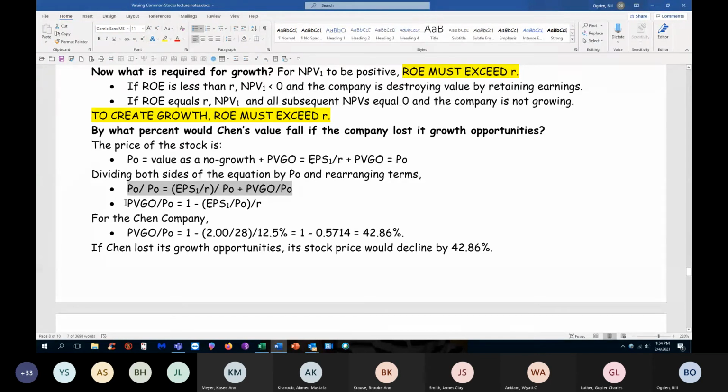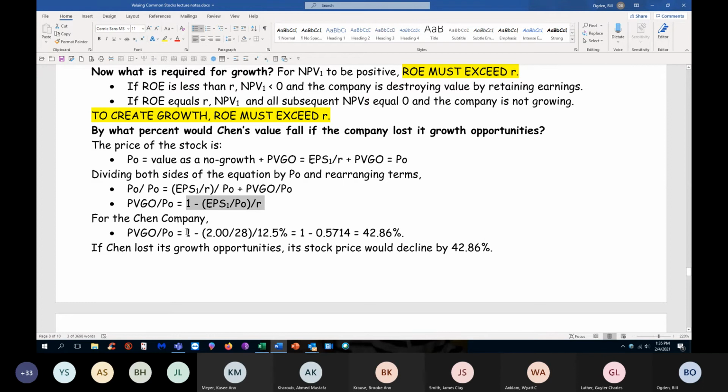And then I solved this for the ratio of PVGO over P0. So what part of P0 comes from the growth opportunities? And then you can see right here, if you algebraically solve this, you get 1 minus EPS 1 over P0, and that quotient divided by R.